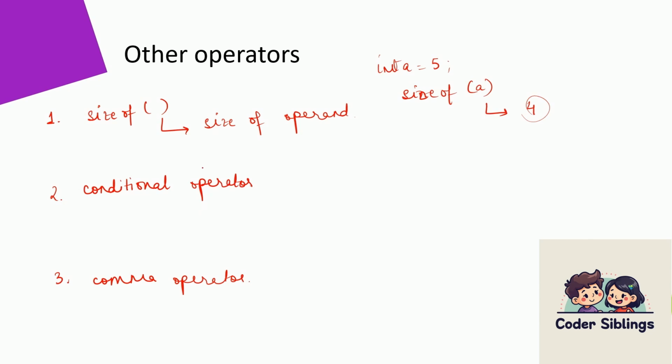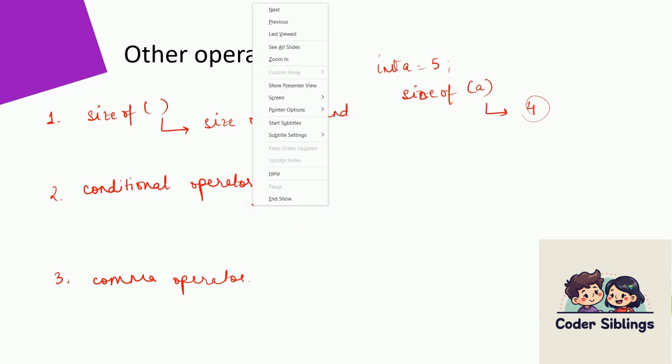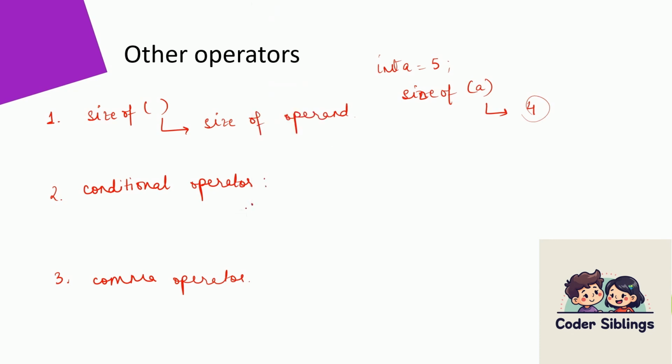Now the conditional operator is something that, as we call, checks the condition. So suppose we have an expression a, then b or c, right? Suppose we have an operation where a is greater than b.